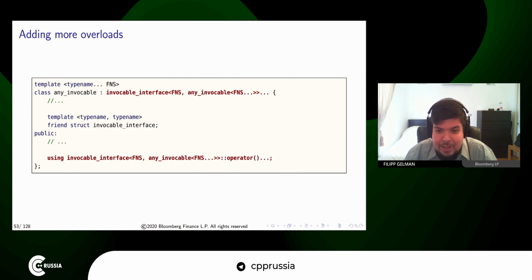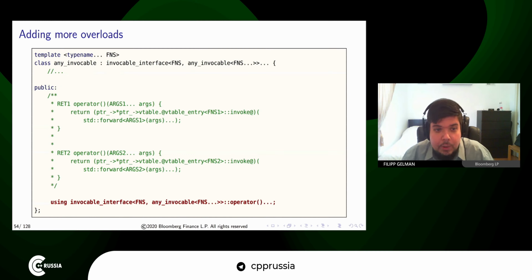This is a variadic using statement that brings all those call operators from each invocable interface into any invocable. And that is how I achieve the effect of having one call operator for every element in FNS. It's as if I wrote that, except I'm inheriting it from a base.